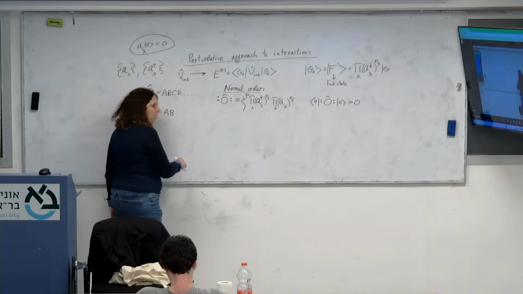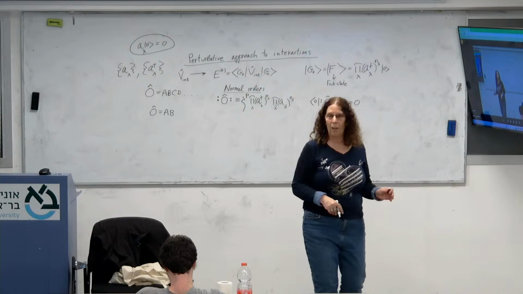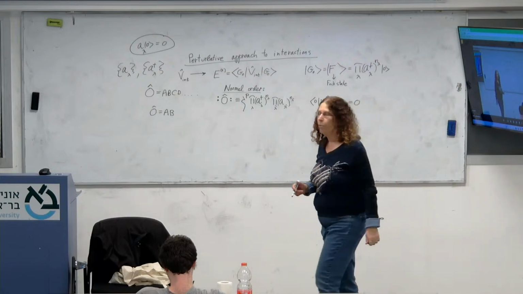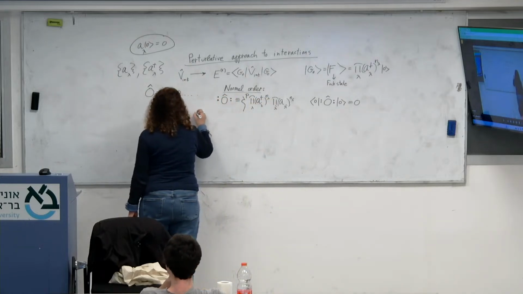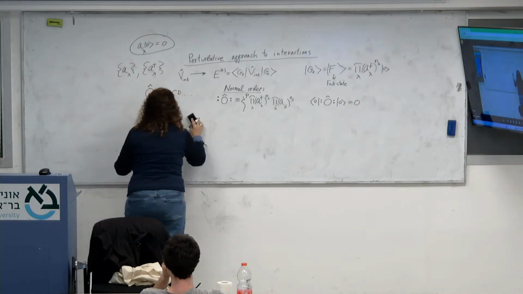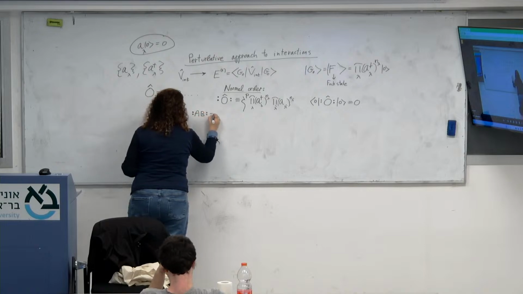And again, A and B can be two creation, two annihilation, one creation, one annihilation. There are four types, if you like. But now what is the normal order of this? So, AB, normal order.